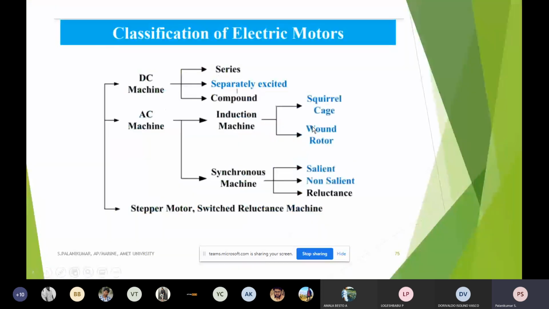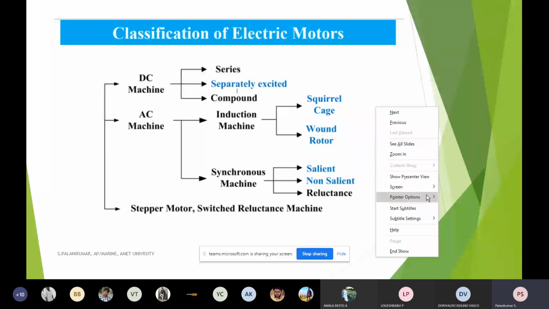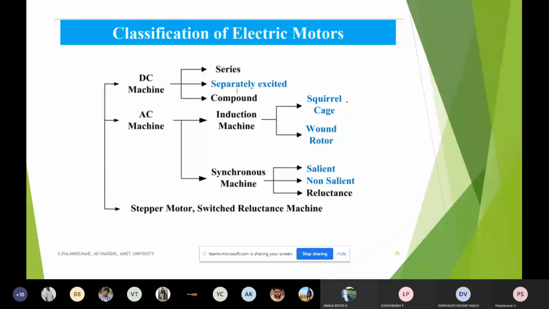Here we have two different types of induction machine. One is a squirrel cage and the other is a wound rotor. A squirrel cage has skewed bars instead of winding. Suppose this is a rotor.